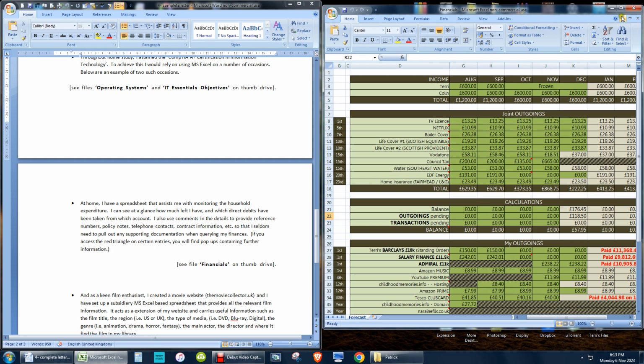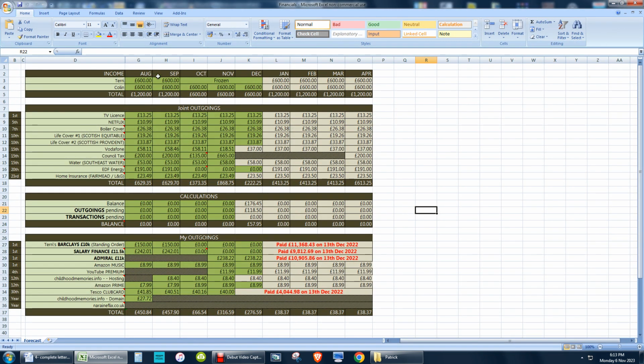This is the spreadsheet, with months and things that are coming out, and how much I put in, how much Terry puts in, what comes out of the joint account and what comes out of my personal account. These figures are old, but it looks quite good. As you go through the month, you highlight the ones that have already come out. So it's incomplete, but that's okay.